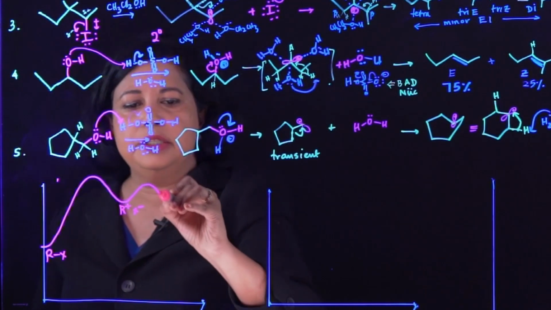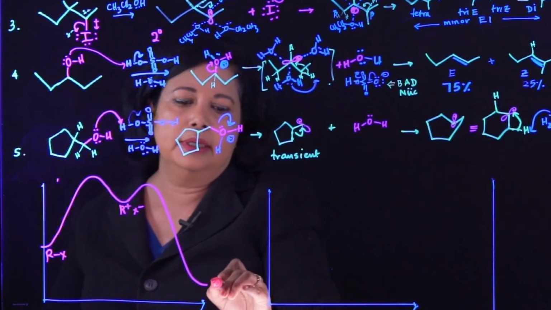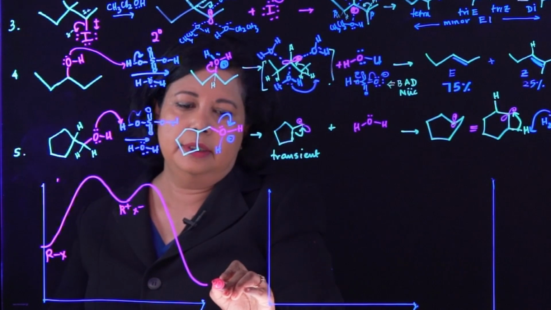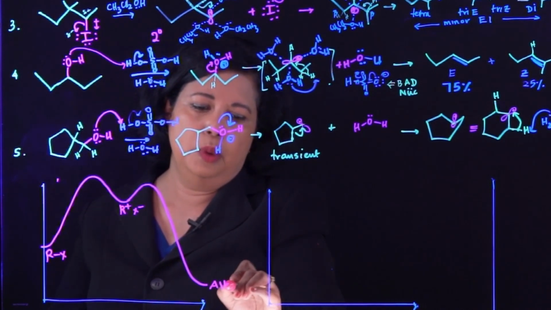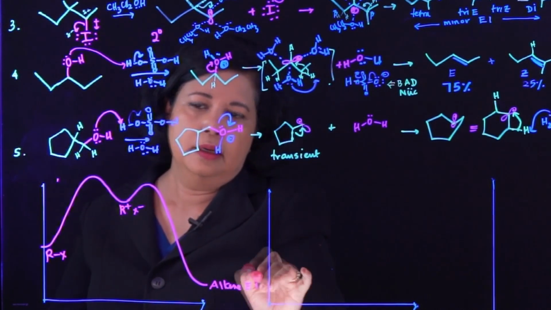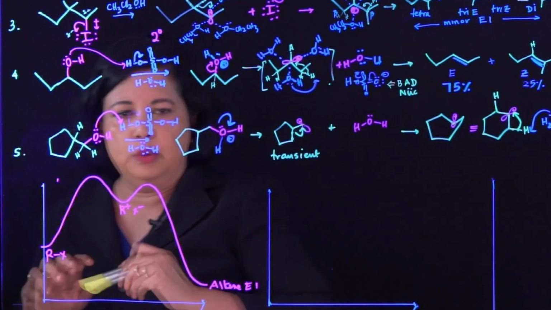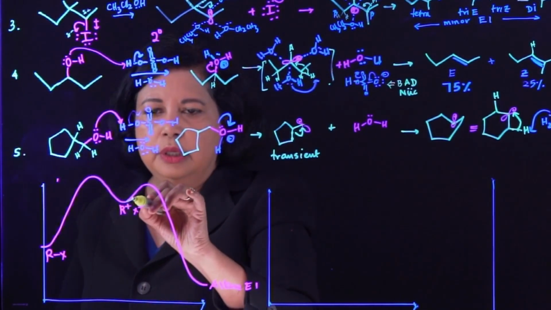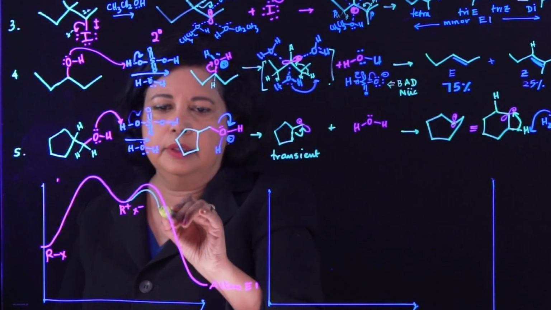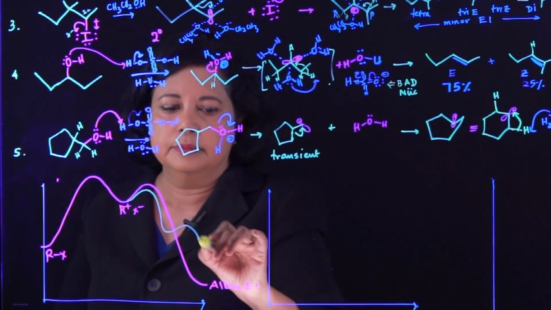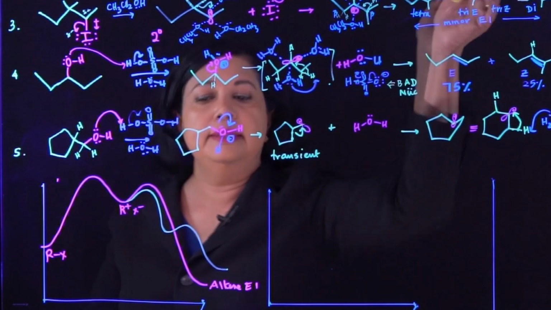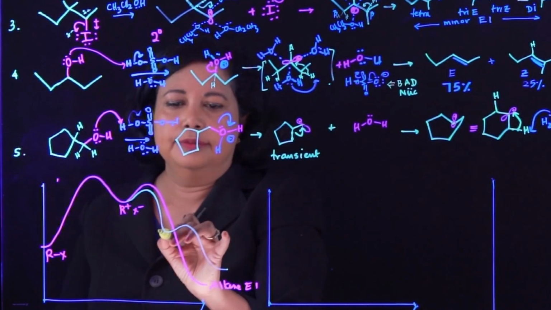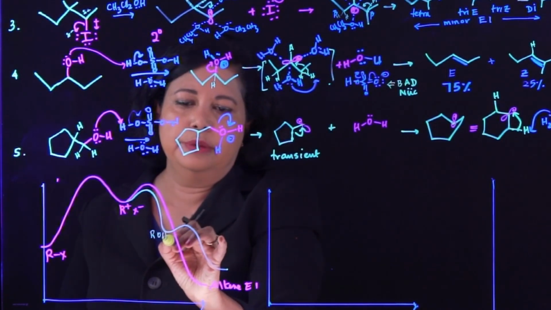E1, higher energy, but more stable product. So this is going to be your alkene, E1. You can do an SN1, which is going to be your major. So that's going to go to your protonated form, and then you would have deprotonation.